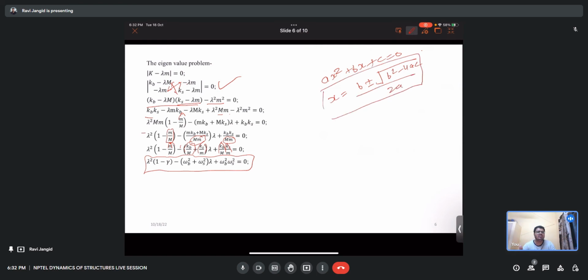This way I can find my roots. So in this equation, what is my a? It is 1 minus gamma. What is my b? It is minus omega b square plus omega s square. And what is my c? It is omega b square times omega s square. Now I will put these things into this equation.